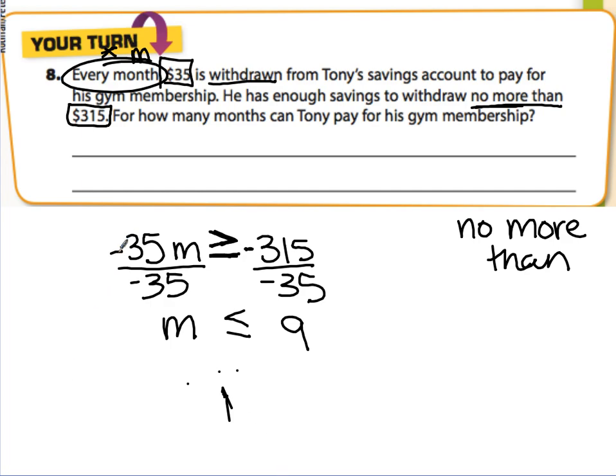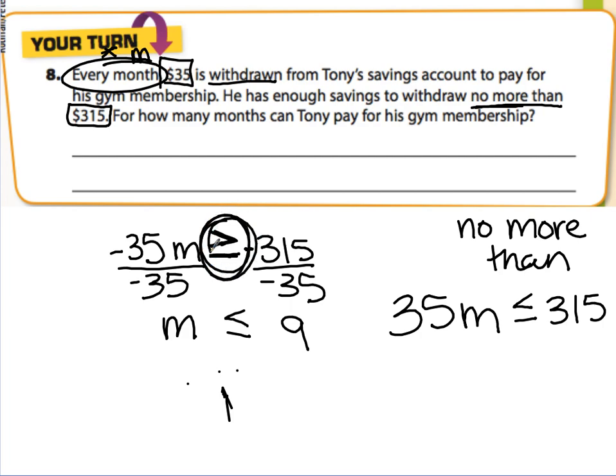If we were to look at it just as a regular problem, he's taking out $35 per month, and that can be no more than 315. So that has to be less than or equal to 315. That I would have completely accepted. That was where my mind went. When you throw the negatives in, that's when this changes.